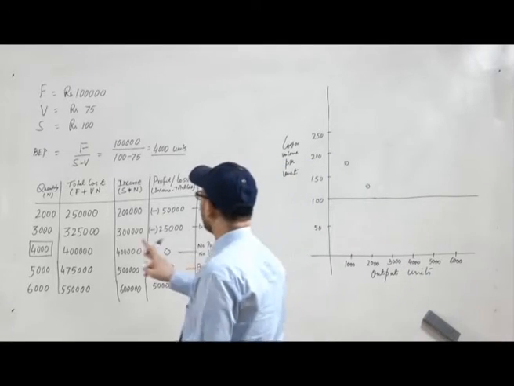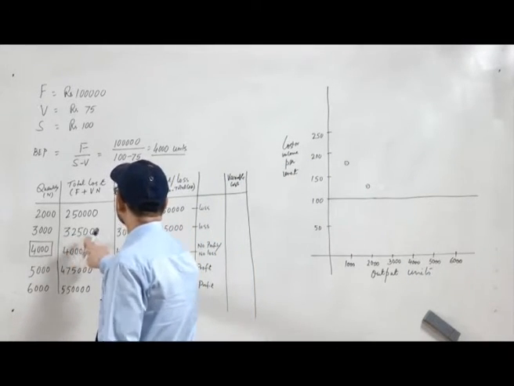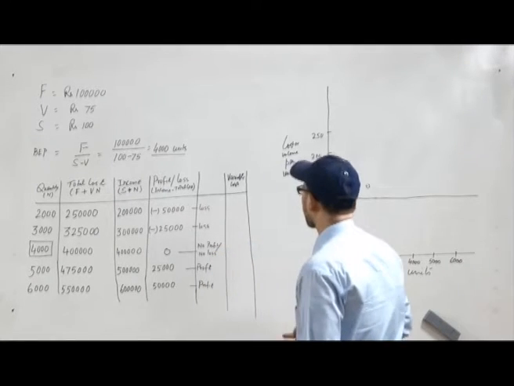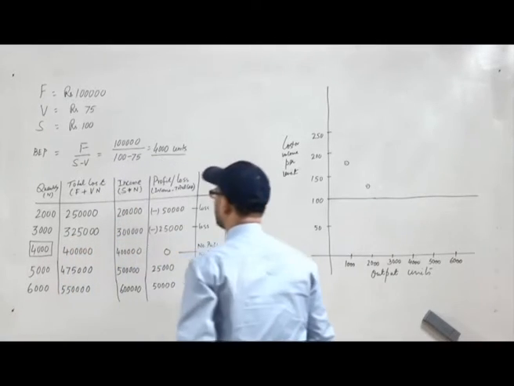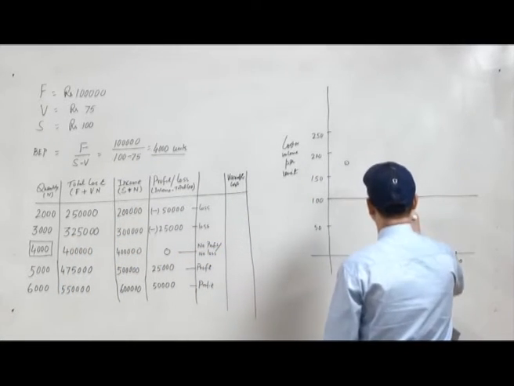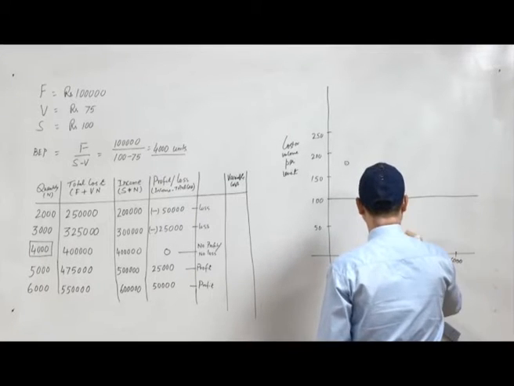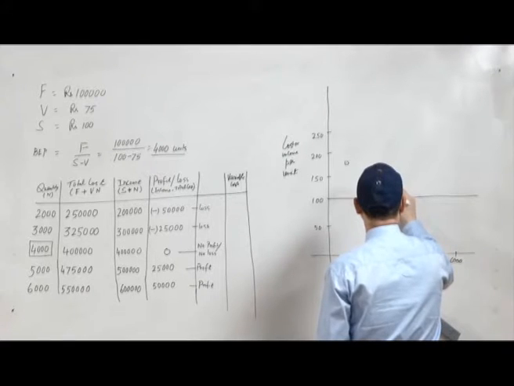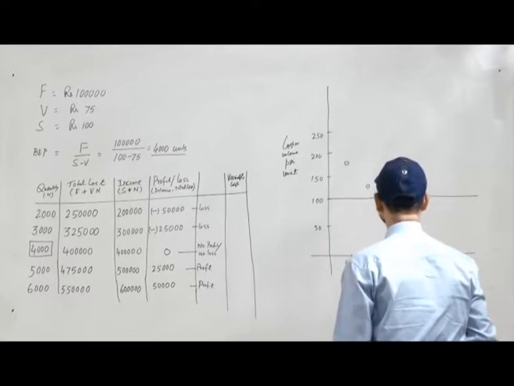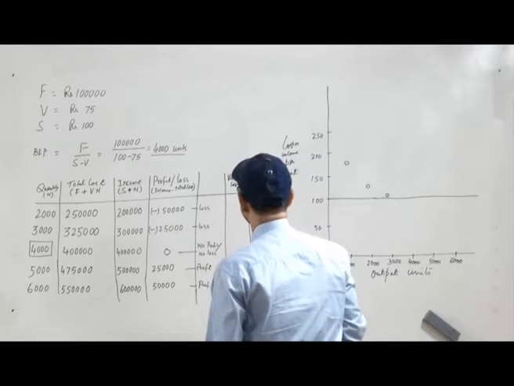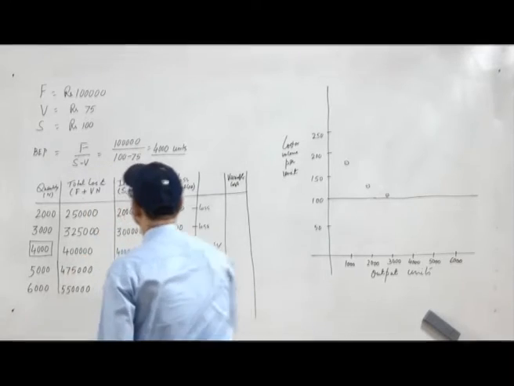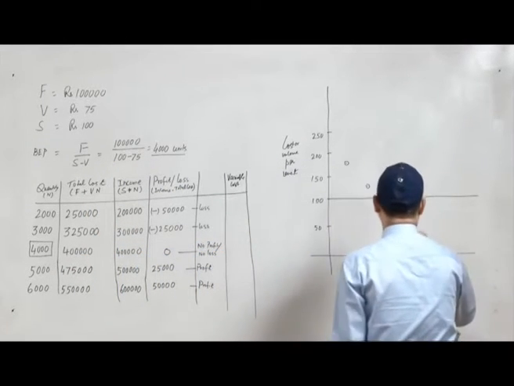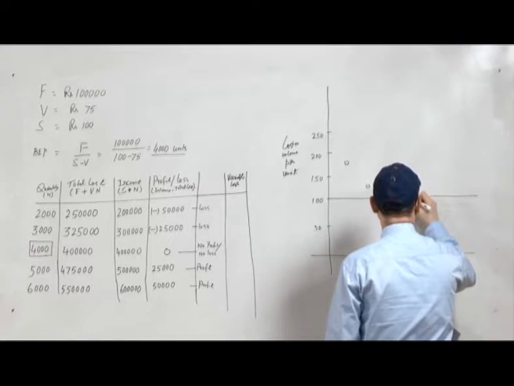Then for 3000 units it is 3,25,000. So, for every unit it will be 108.3. So, it will be here, close to this. Now, for 4000 units it is 100. So, at 4000 units it will reach this point.